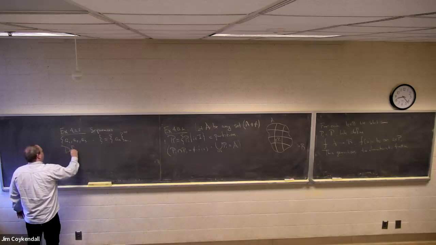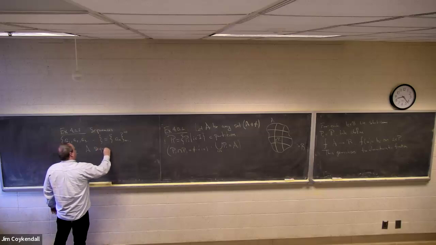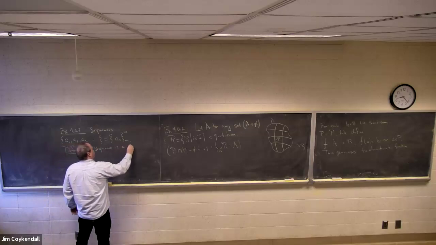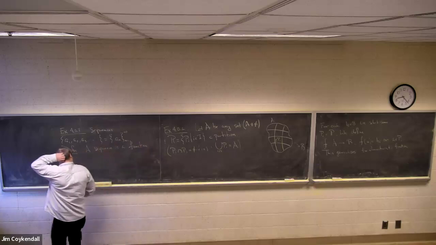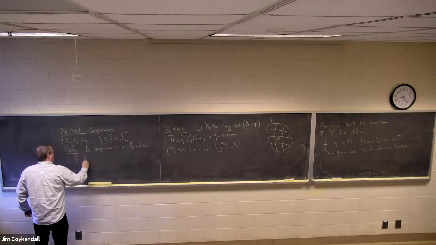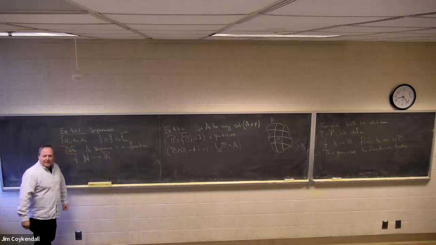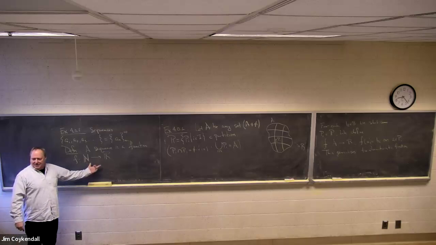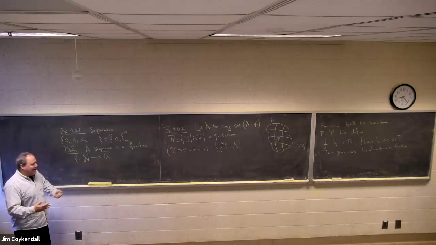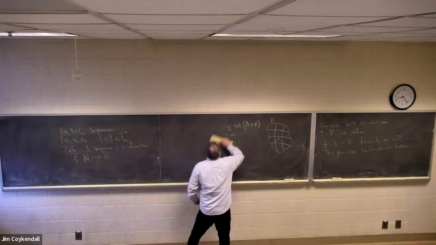Definition: a sequence is a function f from the natural numbers to the real numbers. Can someone explain where this comes from and how that connects with what you know about sequences?